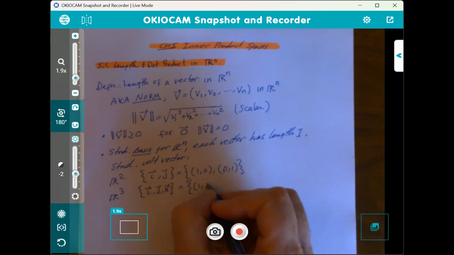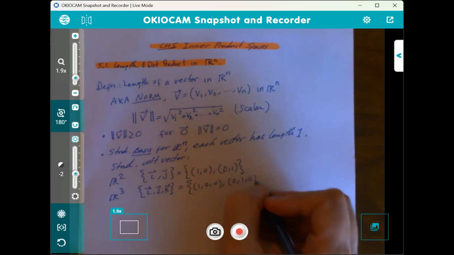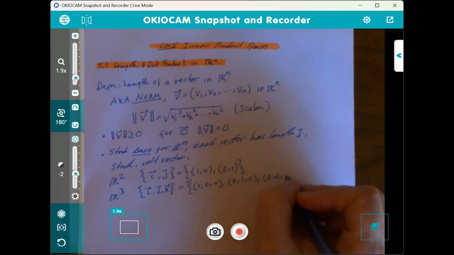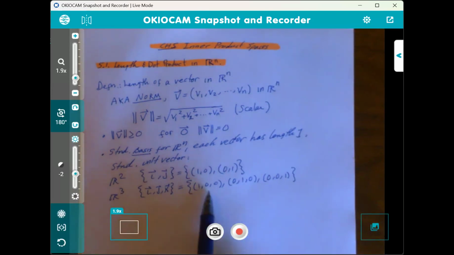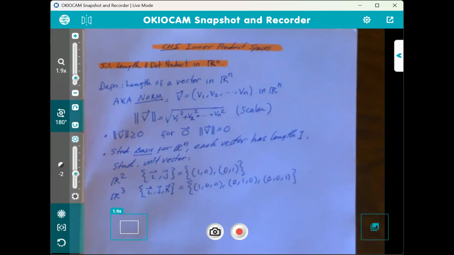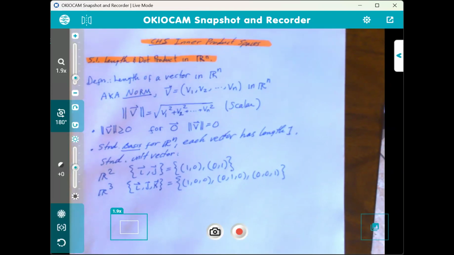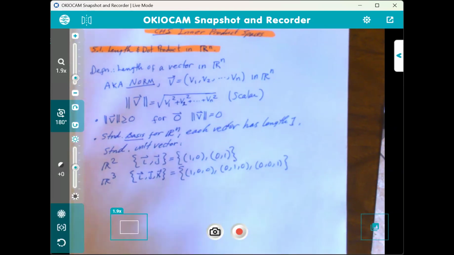This one is (1, 0, 0). The j vector will be (0, 1, 0), and the k vector is now (0, 0, 1). And again, each of these vectors are unit vectors of length 1. Okay. And if you have any questions, by the way, please ask. Feel free to interrupt and ask.